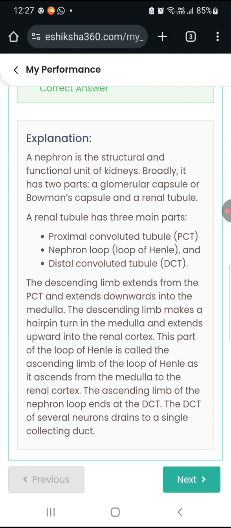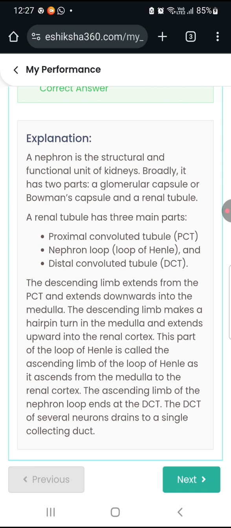The descending limb extends from the PCT downwards into the medulla. The descending limb makes a hairpin turn in the medulla and extends upwards into the renal cortex.